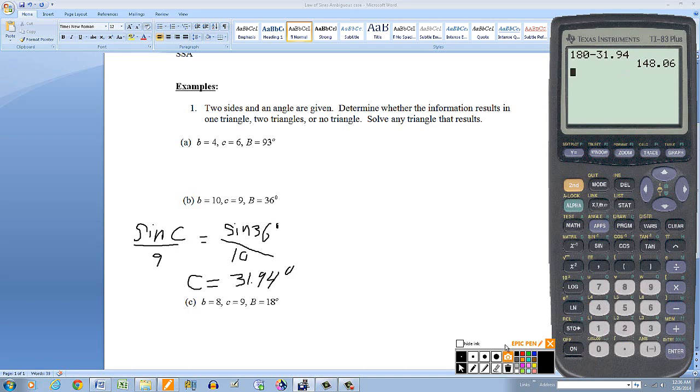So the supplement angle is equal to 148.06, and that's going to be degrees.